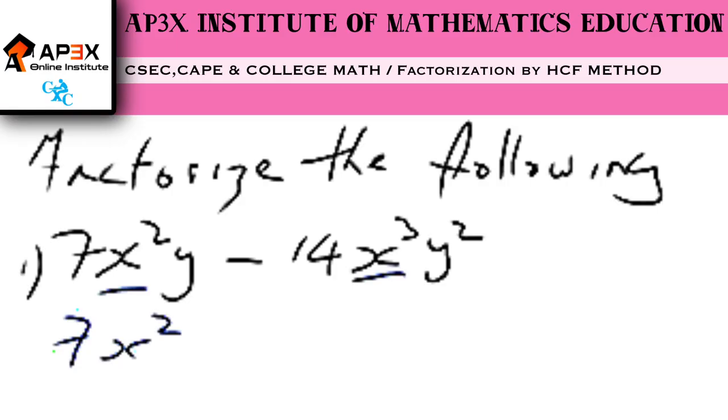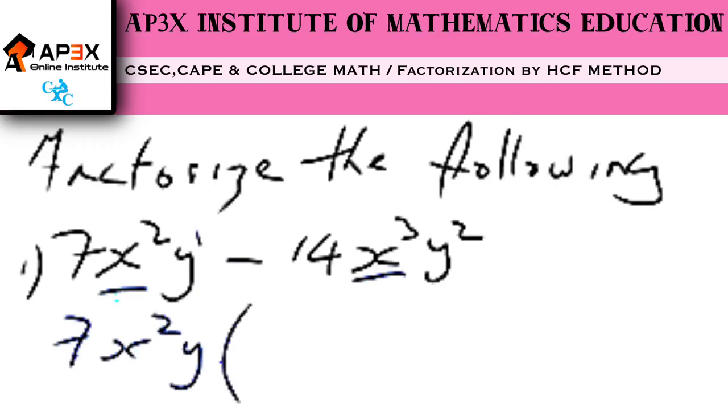If it's on either side, then you can go right ahead and factor it out. If it's only on one side, then it cannot be a part of the HCF. So therefore we're going to grab y, because we have y to the 1 here, and we have y squared. So y to the 1 is smaller than y squared.